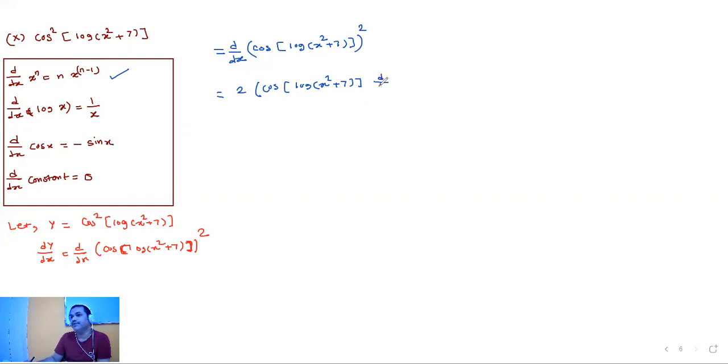Then we need to take the derivative of this function cos of log of x square plus 7. So it is like this. So now this will become 2 into cos of log of x square plus 7, that will be completed.